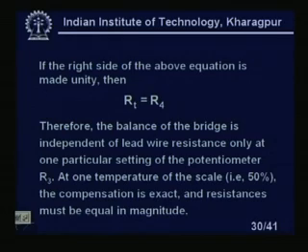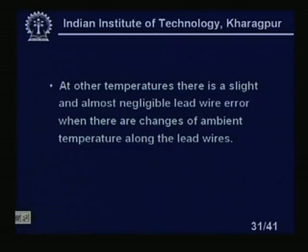Therefore, the balance of the bridge is independent of the lead wire resistance only at one particular setting of the potentiometer R3. At one temperature of the scale, that is 50%, the compensation is exact and the resistances must be equal in magnitude. At other temperatures, there are slight and almost negligible lead wire errors when there is a change of ambient temperature along the lead wires.